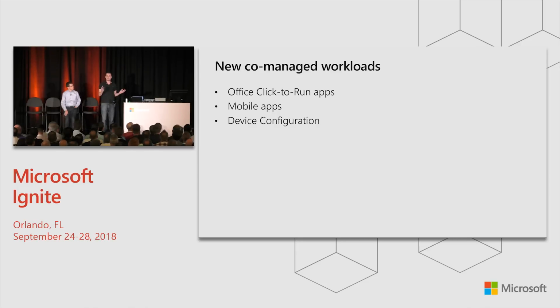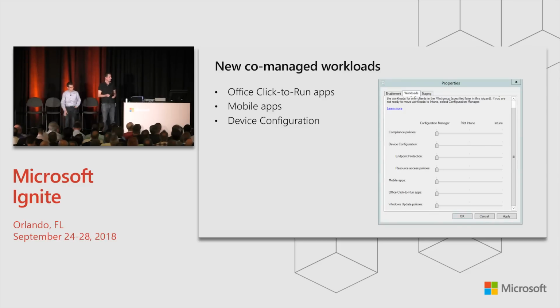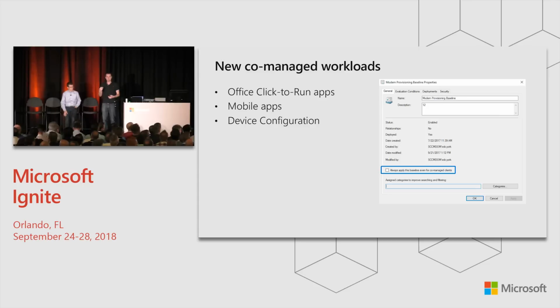Applications are a big investment that most organizations have, and they can continue to manage their applications from Configuration Manager while maybe pushing out some of their more cloud-based applications from Microsoft Intune. Similarly, for the device configuration, you can specify that specific device configuration baselines continue to be evaluated on co-managed devices. So we'll continue to remediate and we'll continue to check for particular settings that you've configured in those baselines, whilst being able to benefit from all of the native CSP-based policies that Microsoft Intune provides.